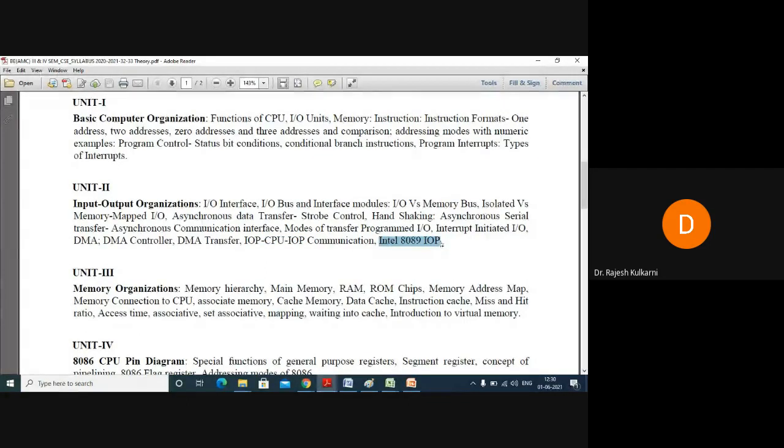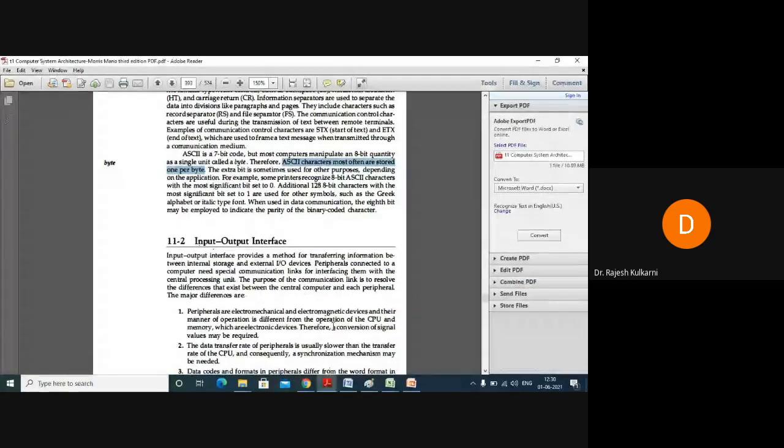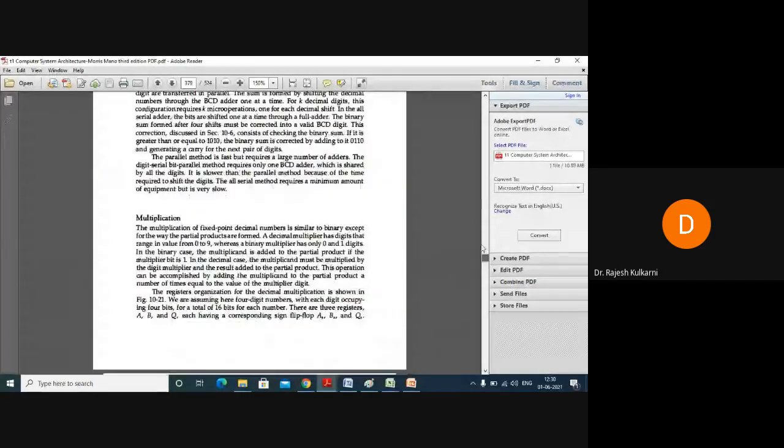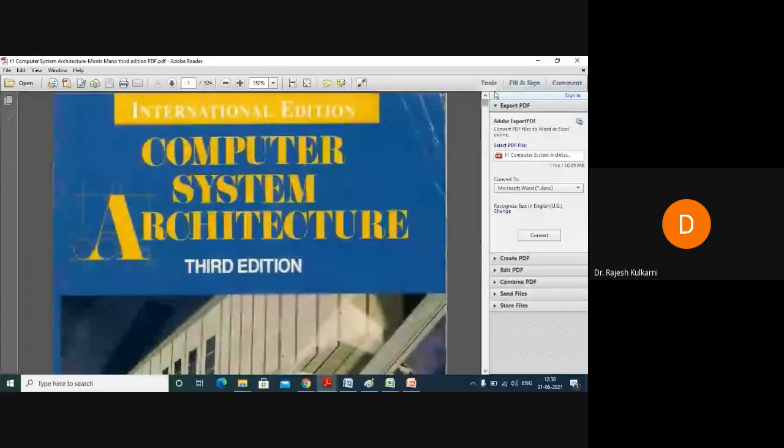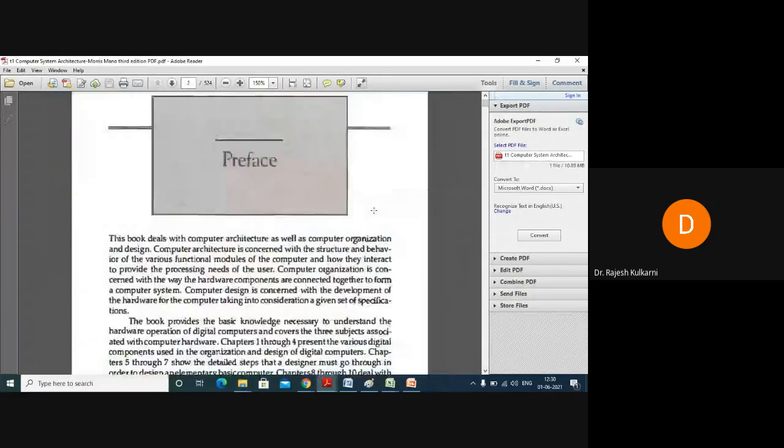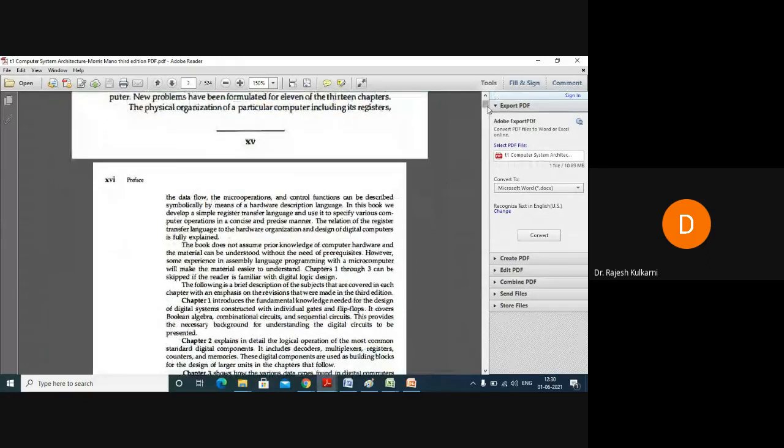This is our Unit 2, and this Unit 2 is available from, I think, this is our Morris Mano book, which we have shared with you.